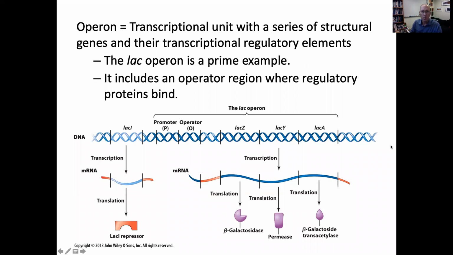All right, so we're going to review the Lac operon here. I know that you've all learned about this before, so this should be largely review for you. But this is both historically and conceptually important. Historically, the Lac operon was the first of any genetic regulatory systems to be worked out.